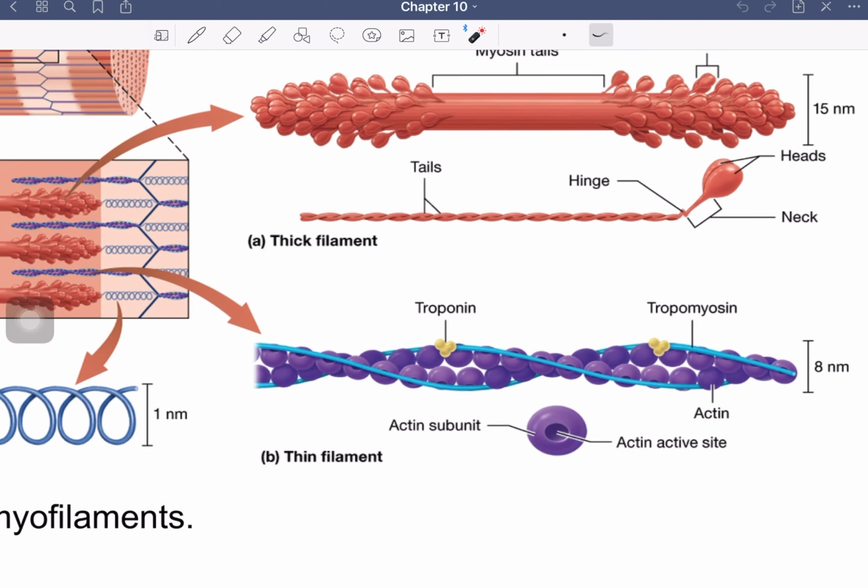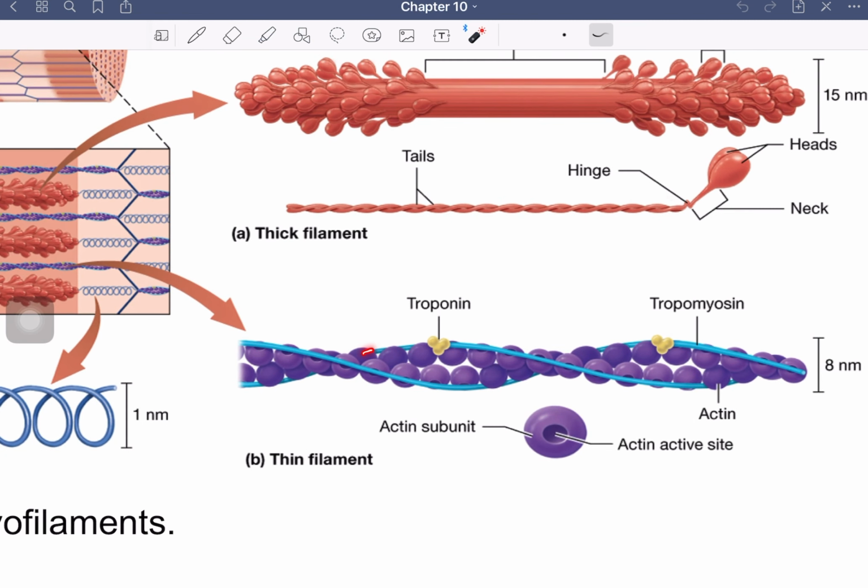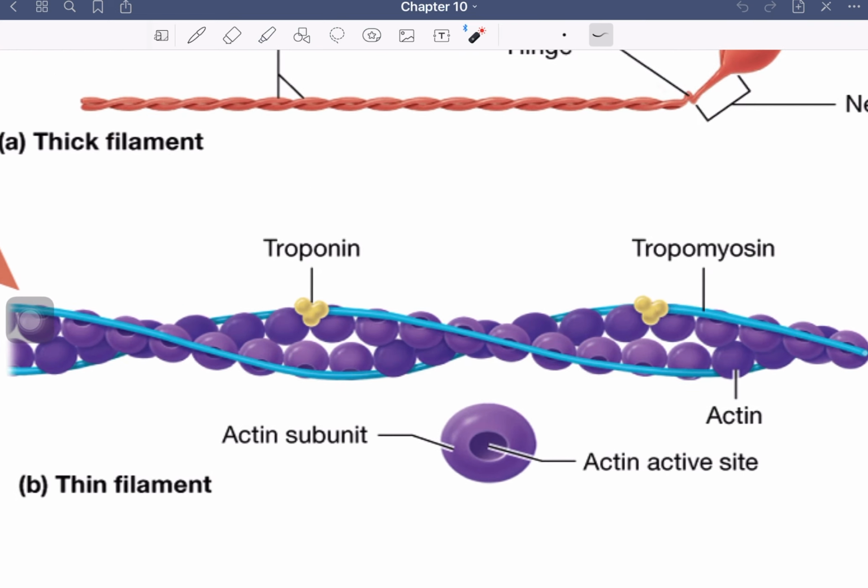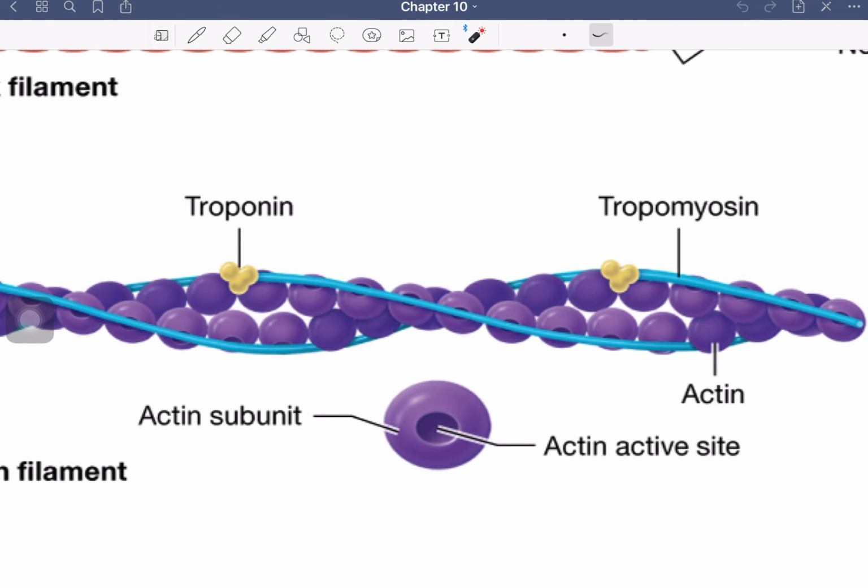Now, if you look carefully, you'll see that sitting on top of the thin filament is this bluish structure, and that's tropomyosin. And if you look very carefully, actin has a binding site, and that's where the myosin heads are going to want to bind.